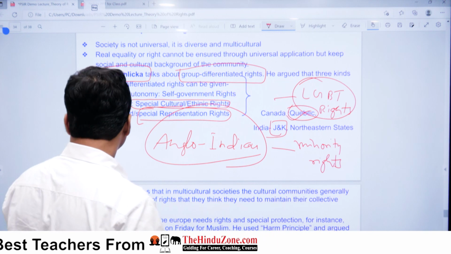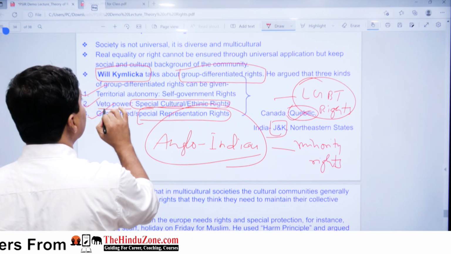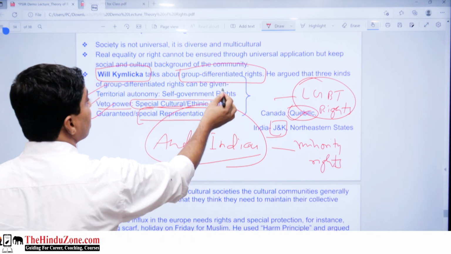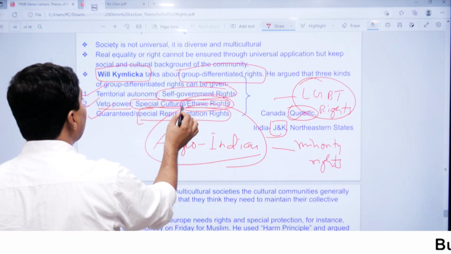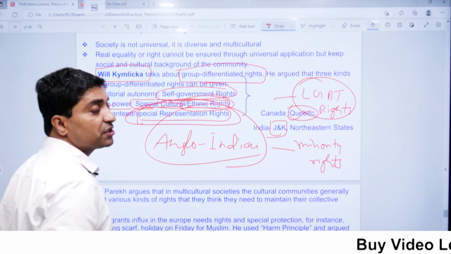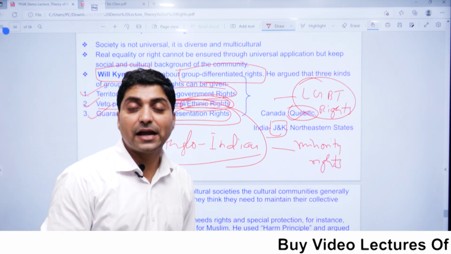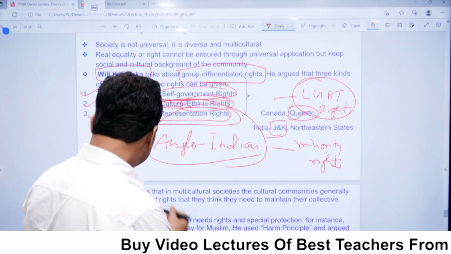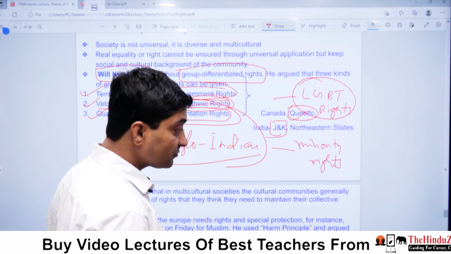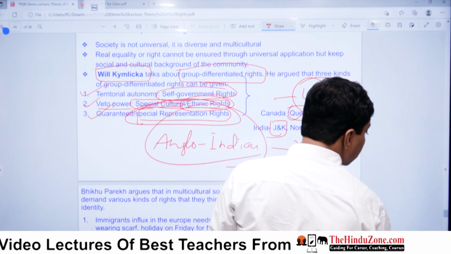So Kymlicka talks about three kinds of rights: self-government rights, ethnic rights, and special representation rights that minorities should access. Now I have talked about Bhikhu Parekh, so we talked about multicultural rights.